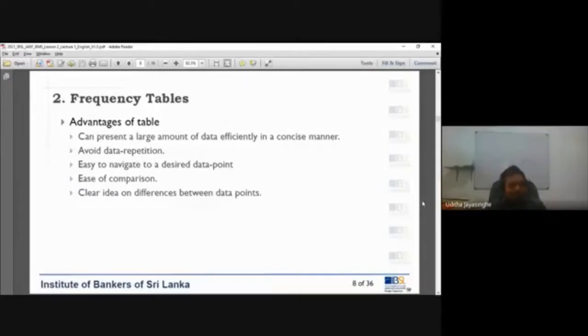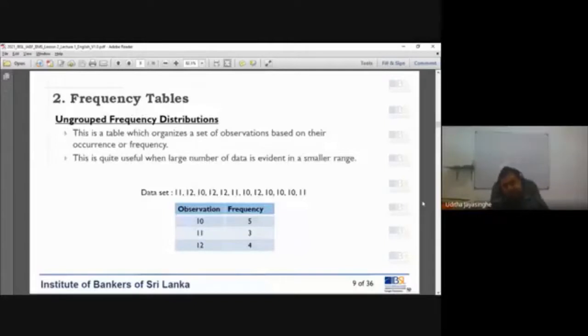It's easy to compare, repetitions are gone, easy to navigate, you visually see what the ranges are, and you can clearly identify differences between some points. So these are all advantages. These will not be questionable, but just to mention why we are moving to tables from the classical representation methods. Okay, right.